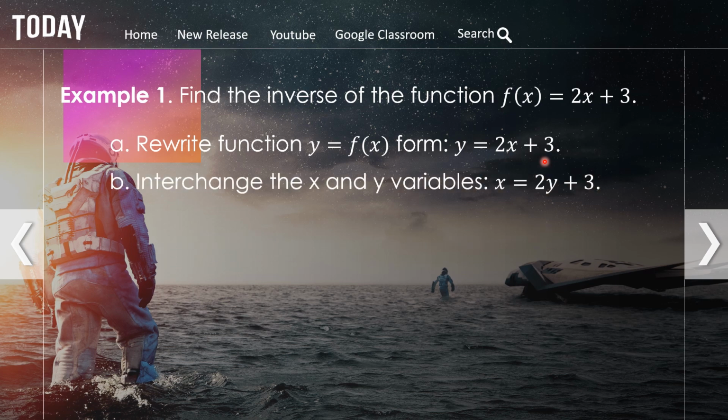Second step, interchange the x and y variables. So from y is equal to 2x plus 3, we have x is equal to 2y plus 3. Third step, solve for y in terms of x. So we have x is equal to 2y plus 3.